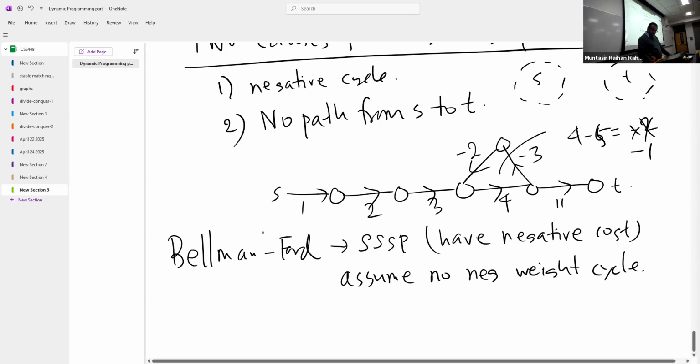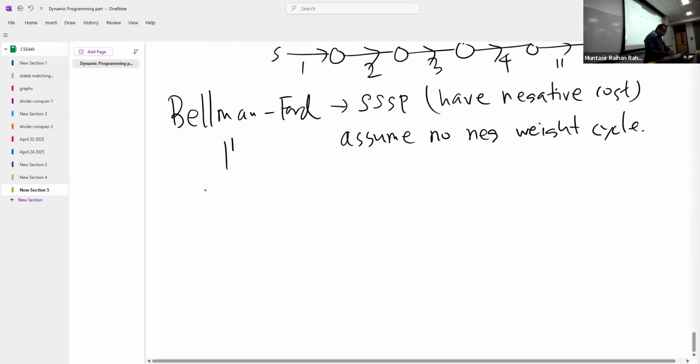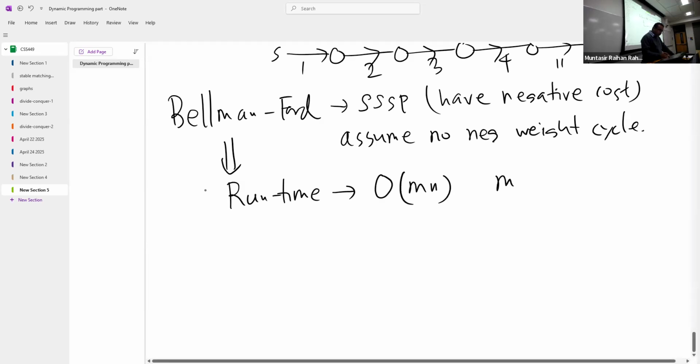That will be our first assumption. For Bellman-Ford, the expectation is we're going to get an algorithm that runs in time order of mn, where m is the number of edges and n is the number of vertices. That's what we're going to get.